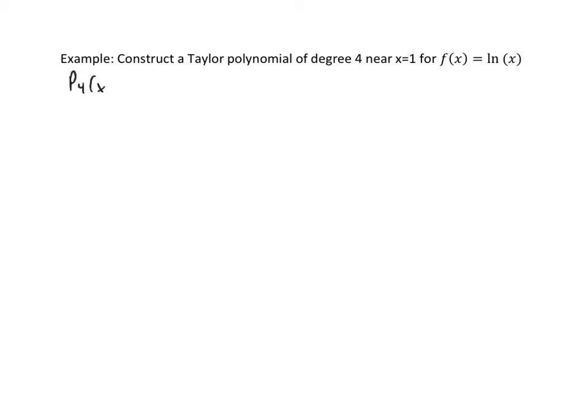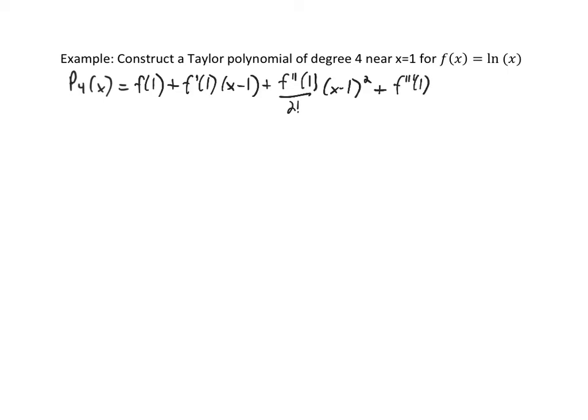The fourth polynomial centered at x equals 1 is going to take on the form f of 1 plus f prime of 1 times x minus 1 plus f double prime of 1 over 2 factorial times x minus 1 squared plus the third derivative at 1 over 3 factorial x minus 1 cubed plus the fourth derivative of 1 over 4 factorial x minus 1 to the fourth.